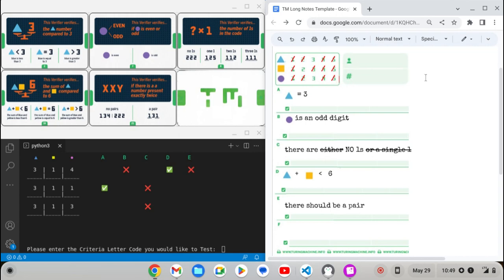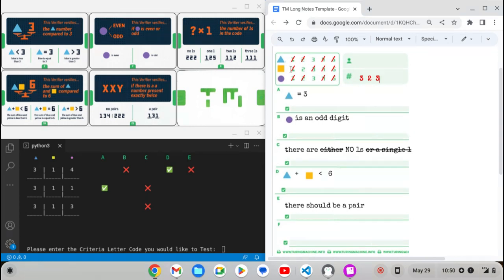So I'm proposing that my solution is 3, 2, 3. And of course I know triangle is a 3, that's correct. Circle isn't odd, it is. There are no ones, and of course neither 3, 2, or 1. So there are no ones.